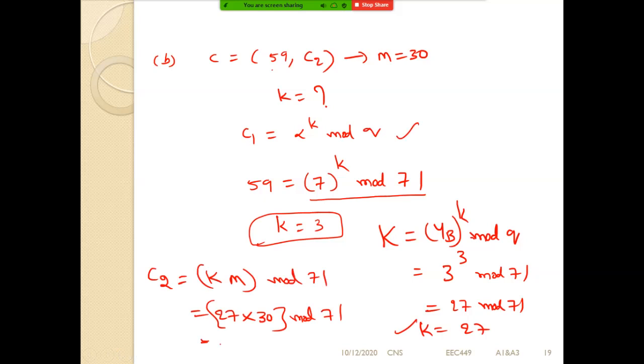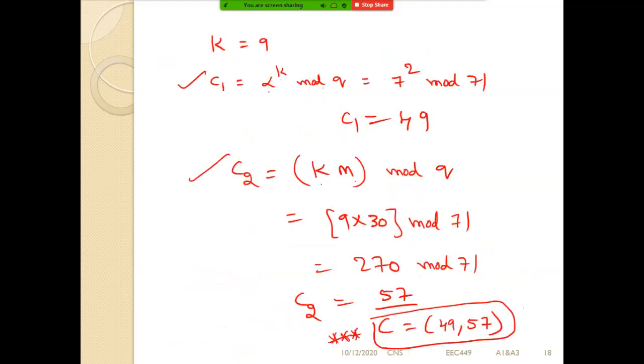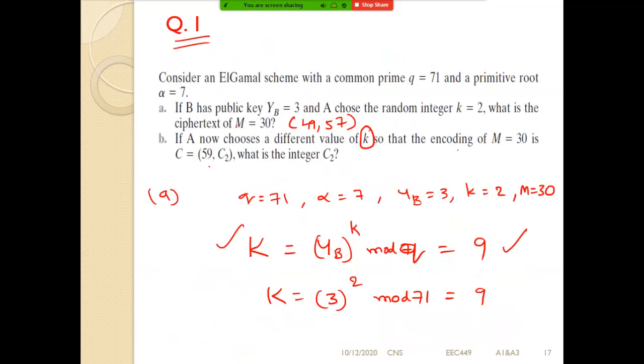So what is the value? 29, sir. So C2 is 29. Is it correct? All of you got the same answer? Yes, sir.